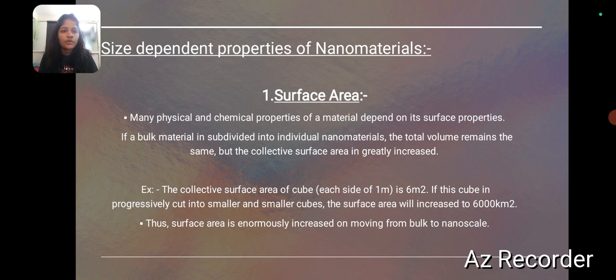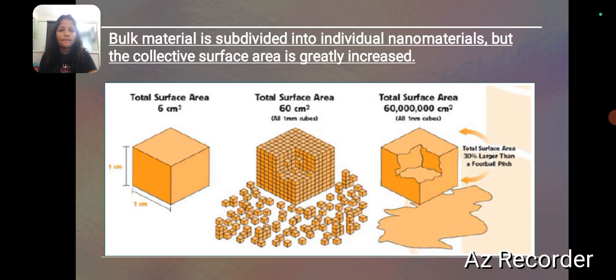If this cube is progressively cut into smaller and smaller cubes, the surface area will increase to 6,000 kilometer square. This surface area is enormously increased on moving from bulk to nanoscale.